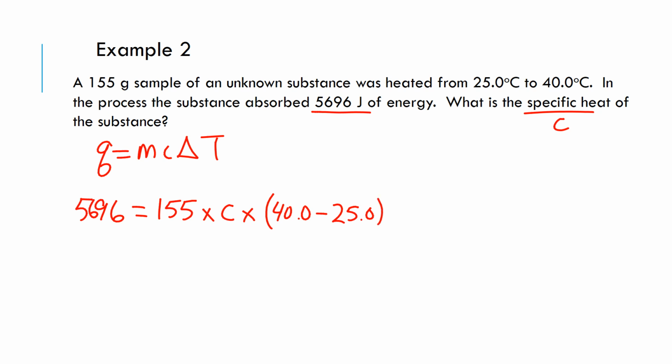So now we just have to solve for specific heat. So let me go ahead and do that in my calculator. And I get that the specific heat is 2.45, and the unit of specific heat is joules per gram degree Celsius.